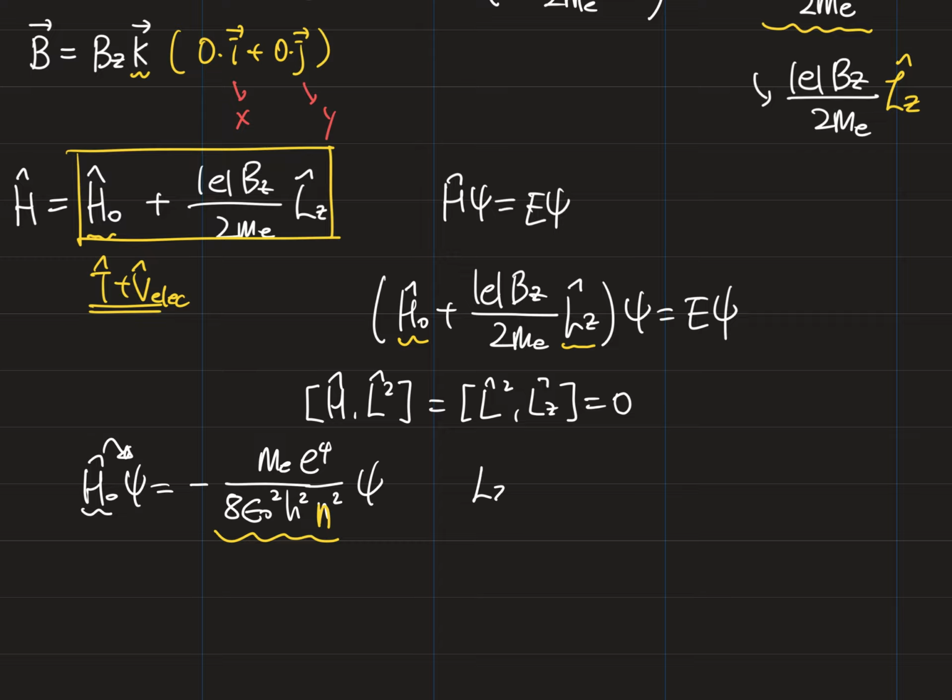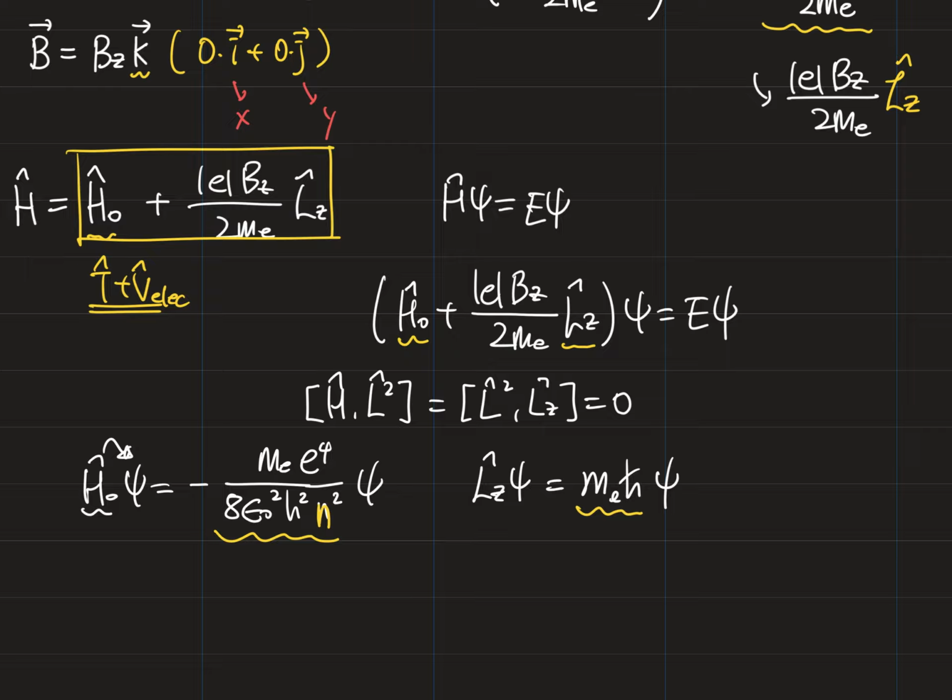And we also know the eigenvalue when you apply the Lz operator on psi, right? That is simply m_l h bar psi. So this is your eigenvalue. So actually you don't need to solve a new Schrödinger equation in the presence of the magnetic field.